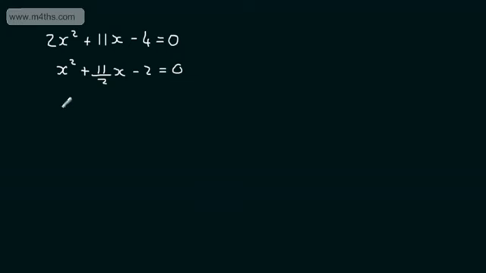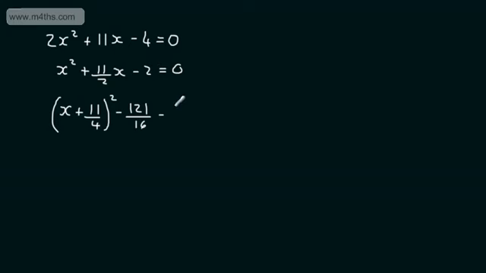So let's complete the square here. x plus 11 over 4. If I take half of 11 over 2, that's 11 over 4. Don't be tempted to put 5.5 over 2; as you can see, that's going to get very messy. We square this, and we subtract away this number squared. 11 squared is 121, and 4 squared is 16. Right here, I've got now minus 2.